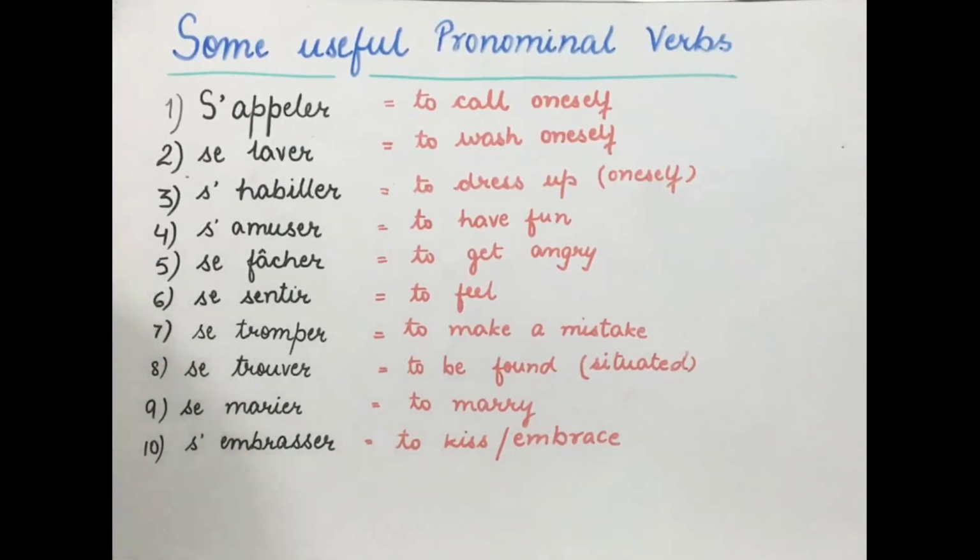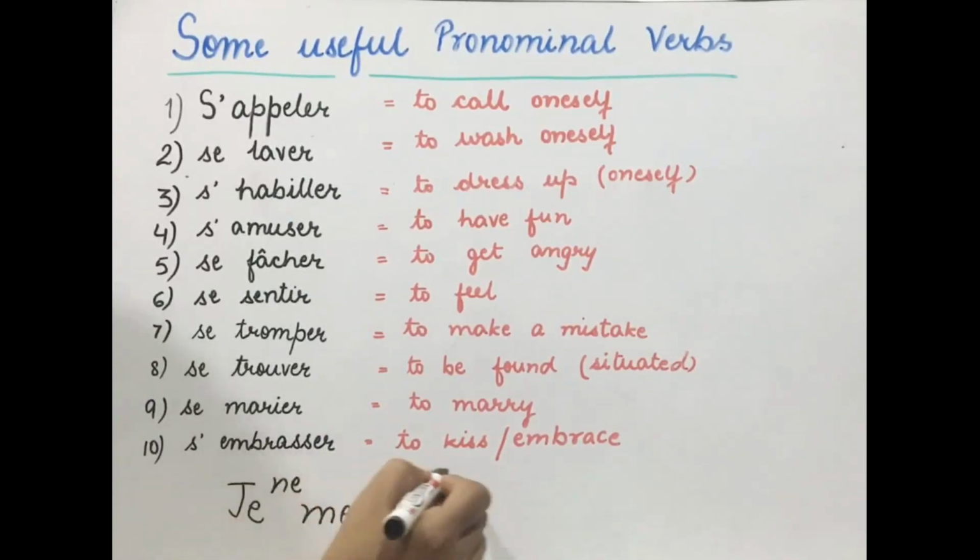I wanted to tell you, how do you make negatives of the pronominal verbs? For example, as you say je me lave, if you have to say I do not wash myself on Sundays, or I do not take bath, how would you make it negative? You'll use ne here.